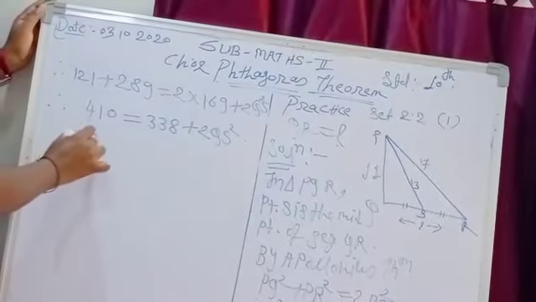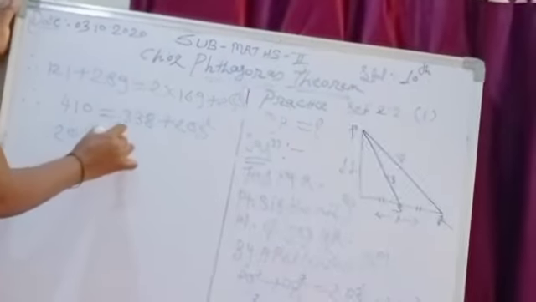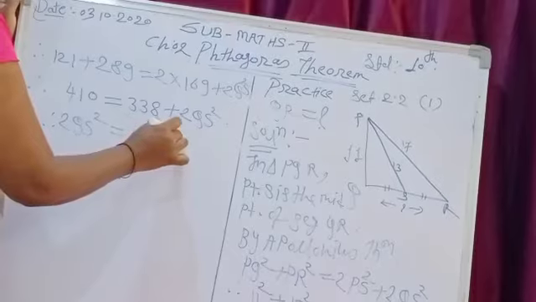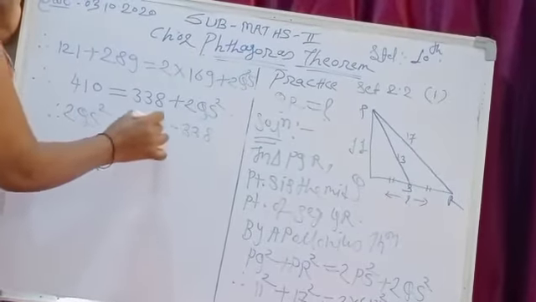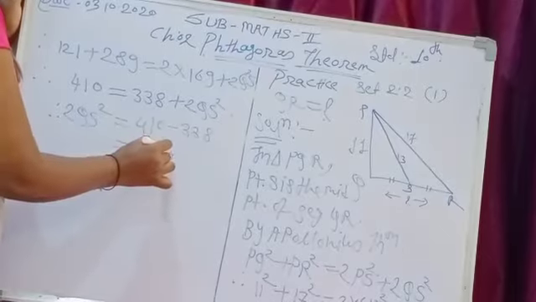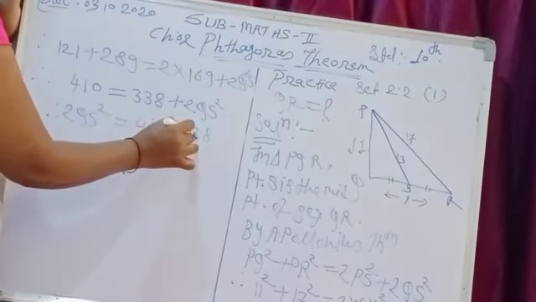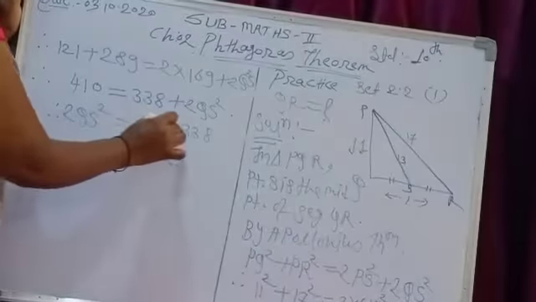Therefore twice QS square is equal to 410 minus 338, which is 72.